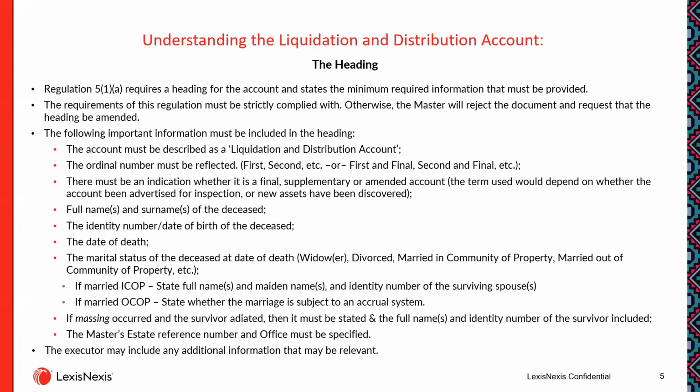Where we have a massed estate, we also need to indicate that there has been massing. And if the survivor adiated, there also needs to be an indication of the adiation in the heading. And we need to include the full names and the identity number of the survivor who adiated.